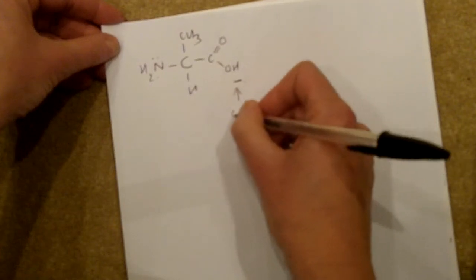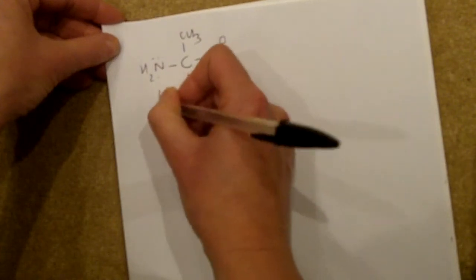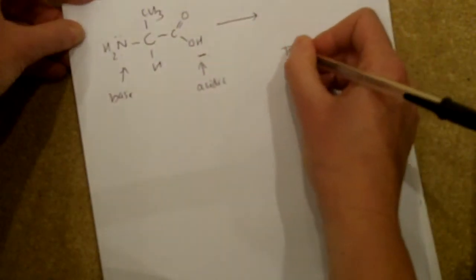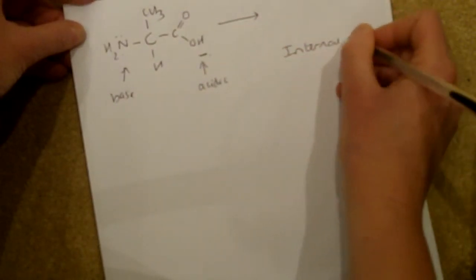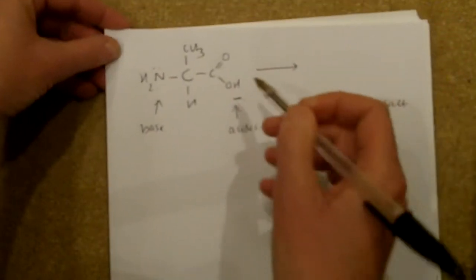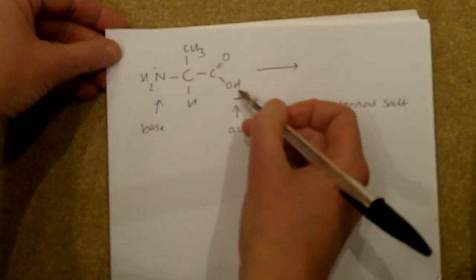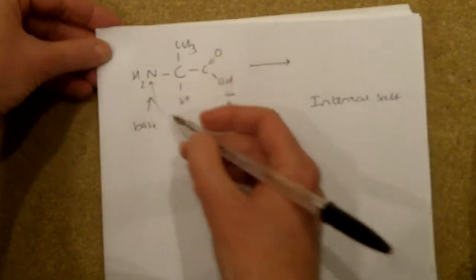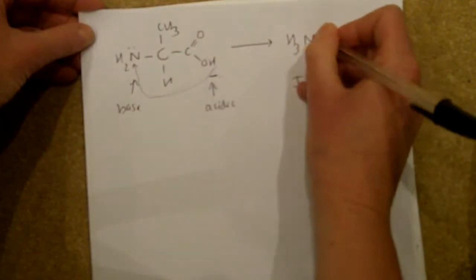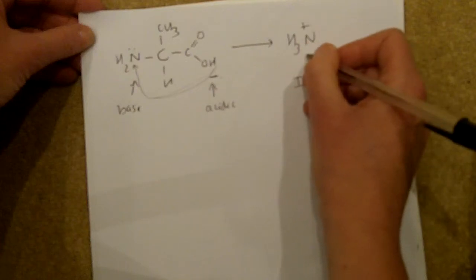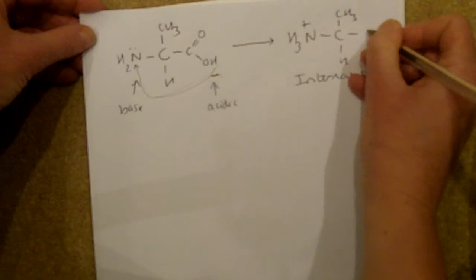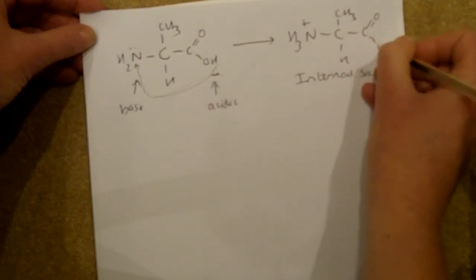So that's the acidic end, and you've got a basic end. And so it is an internal salt. The H plus here can be donated and then accepted over here. So when it's accepted, you get H3N+, C, CH3, H, COO minus, like that.